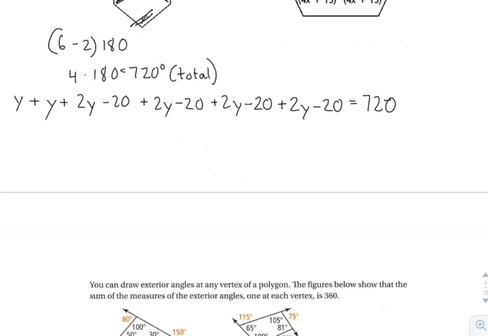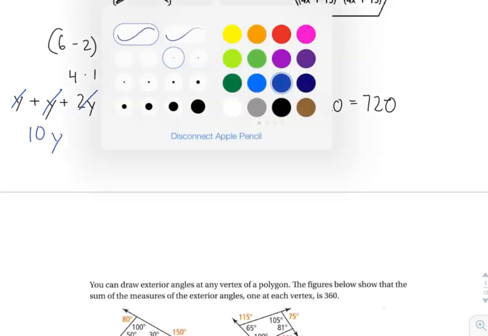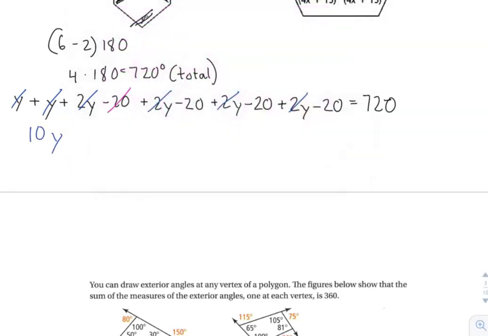Let's add up our like terms. We have our 2y, so 2, actually I'll use a different color here. 2, 4, 6, 8, 10y. And then negative 20, 40, 60, 80.